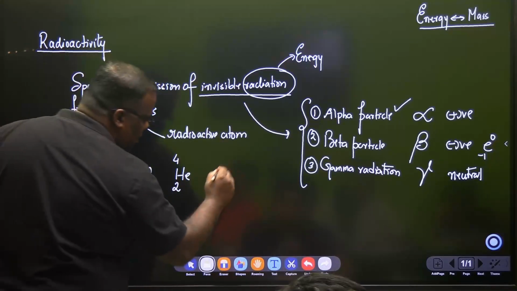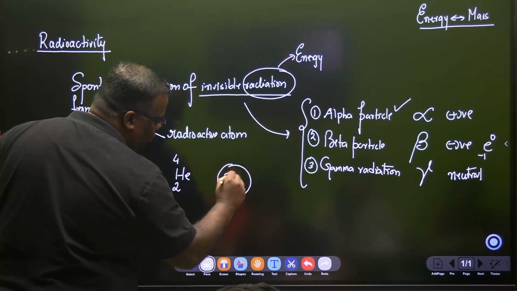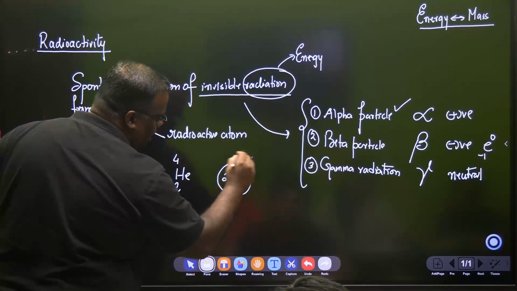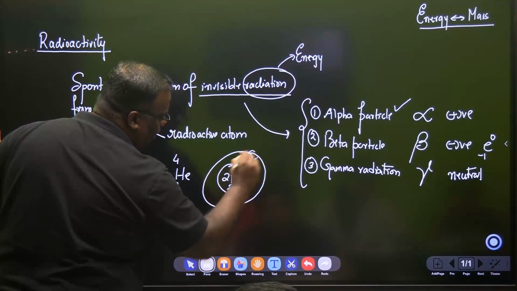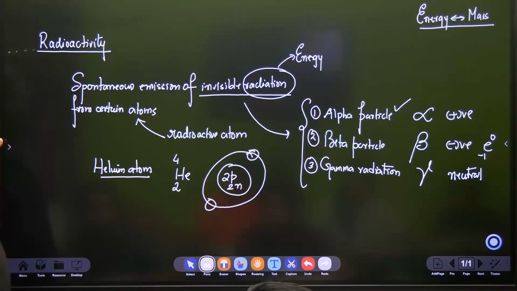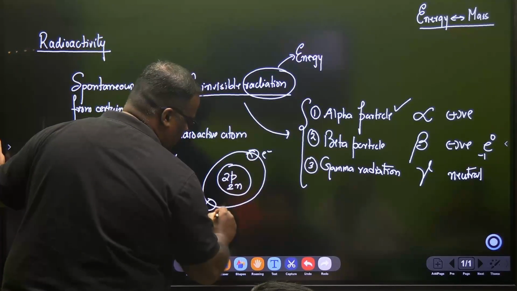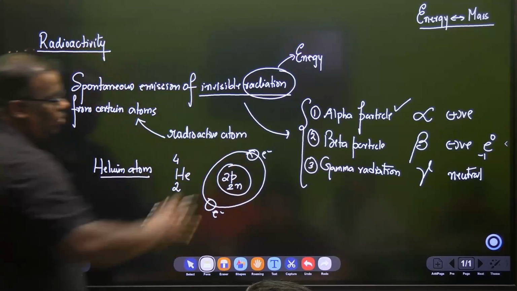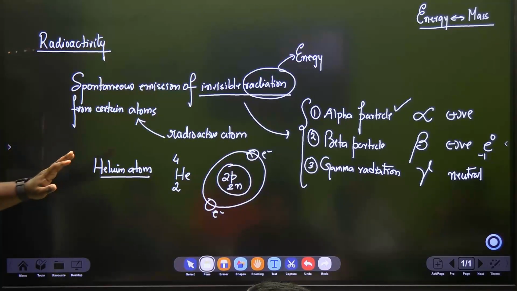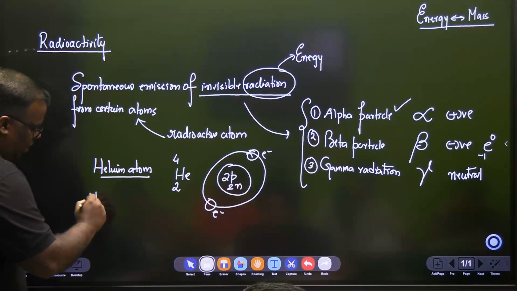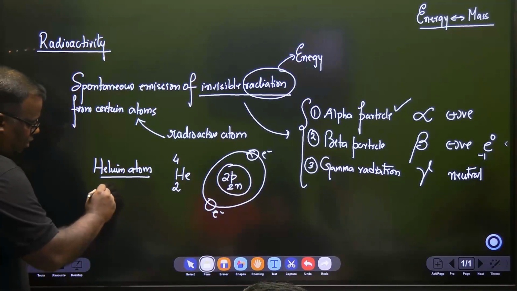That means helium as a nucleus will have 2 protons and 2 neutrons, and out here it will have 2 electrons. This is the structure, right? This is an electron and this is an electron. If you take out these 2 electrons from helium atom, theoretically, then it becomes He 2 double plus.